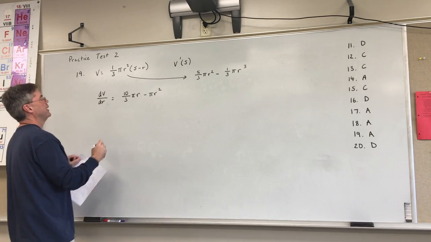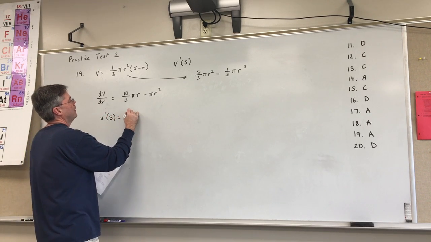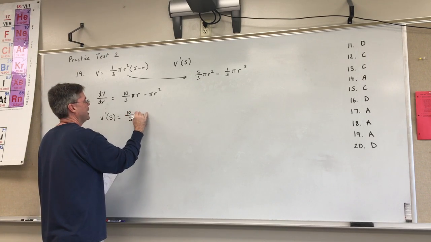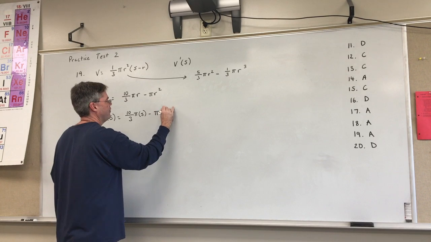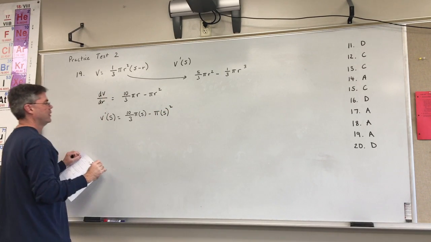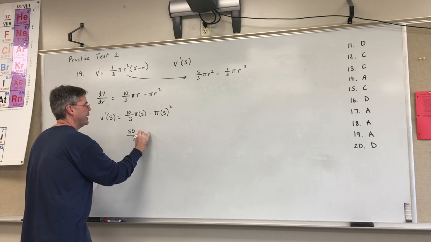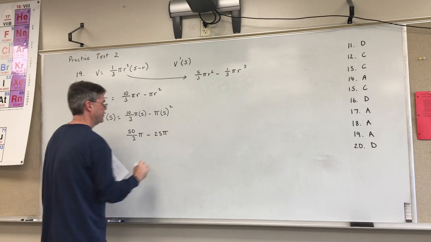Let's plug in a 5 for r. So that's 10/3 times pi times 5 minus pi times 5 squared. That's 50/3 pi minus 25 pi.